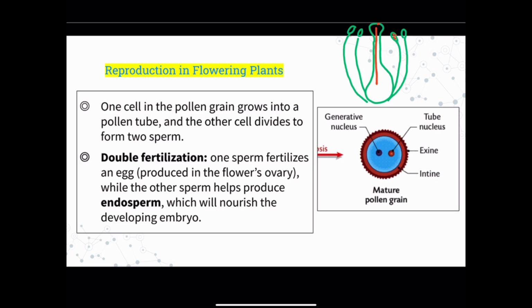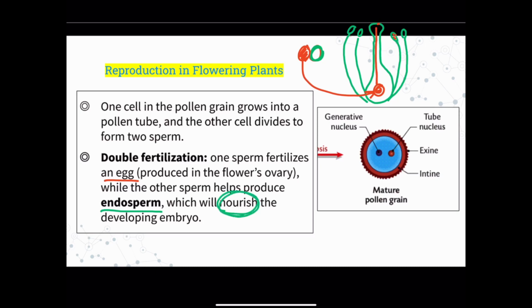Basically, this pollen grain is made up of 2 cells. One of these cells will fertilize the egg that's in the flower's ovary all the way down here. So this one's going to go fertilize this one. This one's not going to be used to fertilize. This one's actually going to help produce an endosperm, which is going to nourish the embryo.